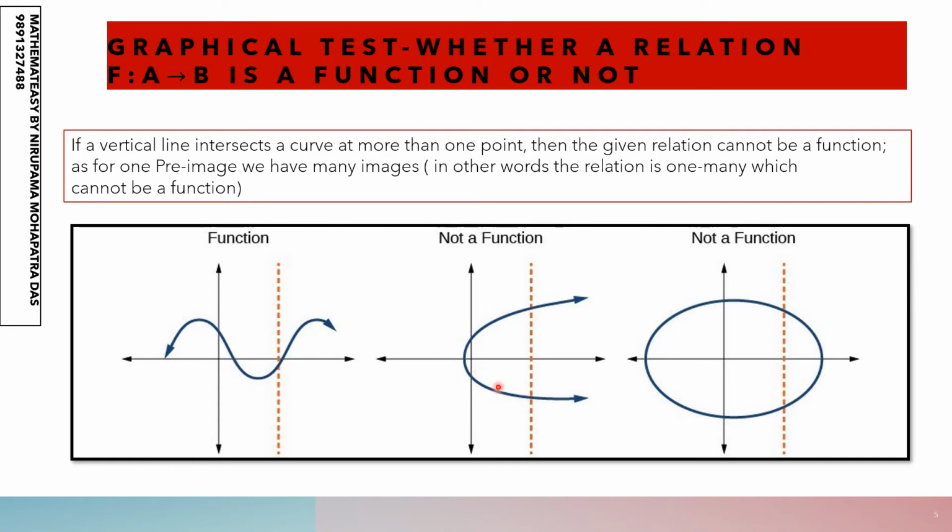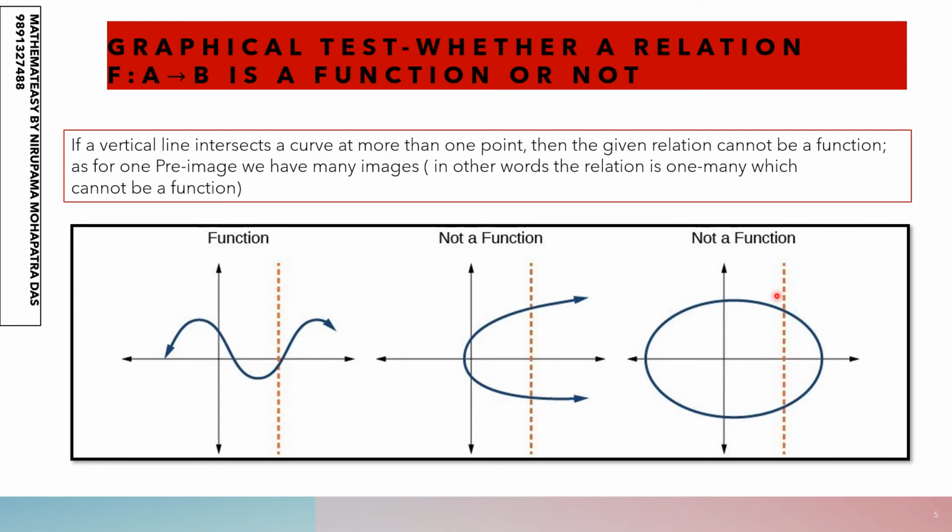It means one x is associated with more than one y, which violates the definition of a function, because every x should be associated with a unique y. So if one pre-image is associated with more than one image, then the relation cannot be called a function.